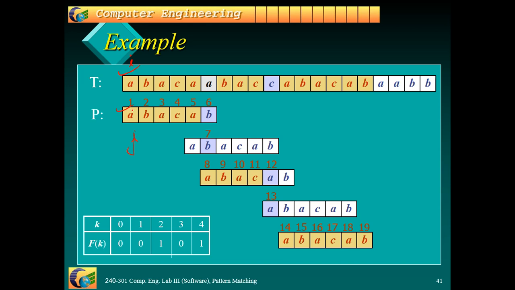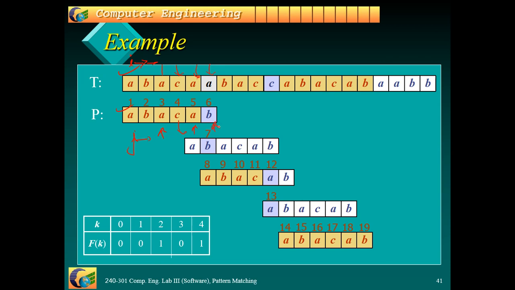There is a match, so you advance, which means you increment both I and J. Again there is a match, increment both. There is a match, increment. There is a match, you increment.